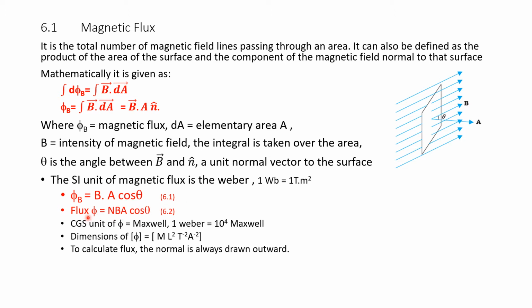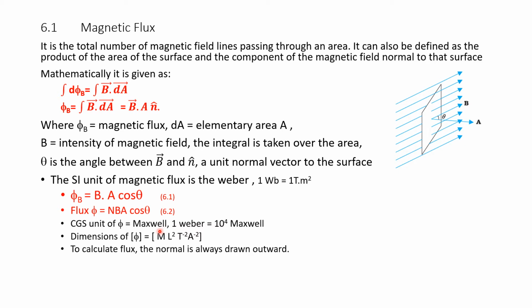In terms of area, if N is the total number of turns, then the area becomes N into A, and cos theta is as given in the previous equation. Therefore, flux phi can be written as NBA cos theta.